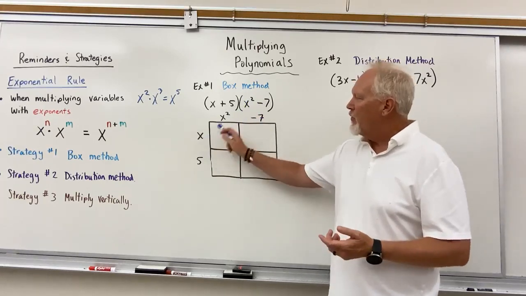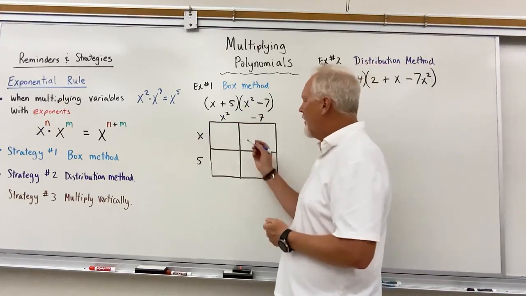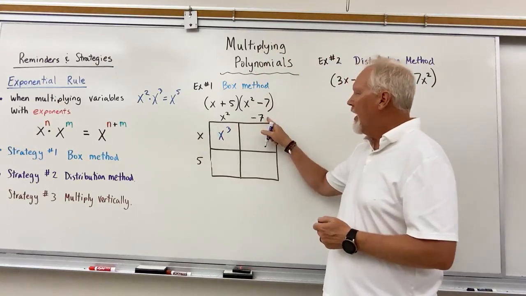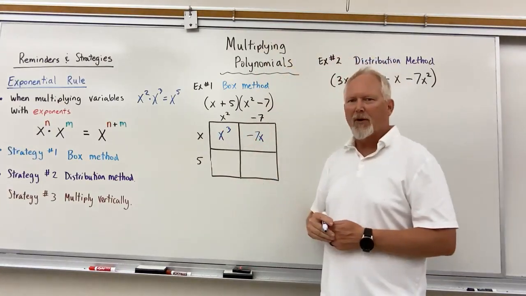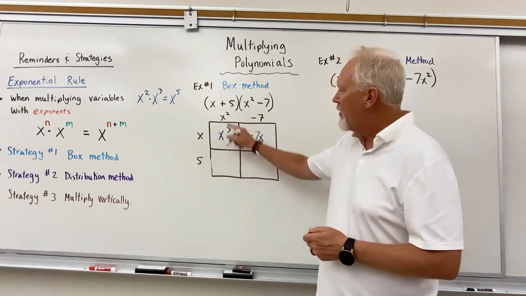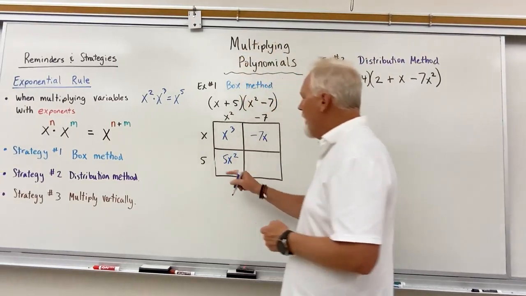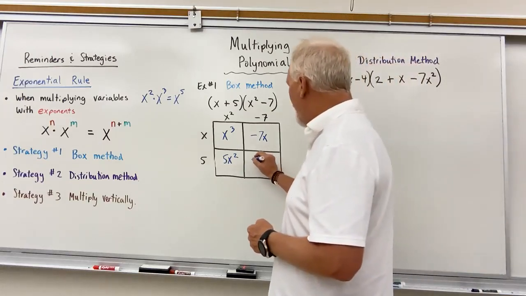And then all we do is we cross multiply. So x times x squared becomes x cubed. x times negative 7 becomes negative 7x. And then we go down here to the 5. 5 times x squared is 5x squared. And then 5 times negative 7 becomes negative 35.